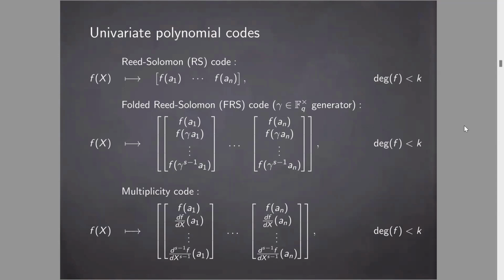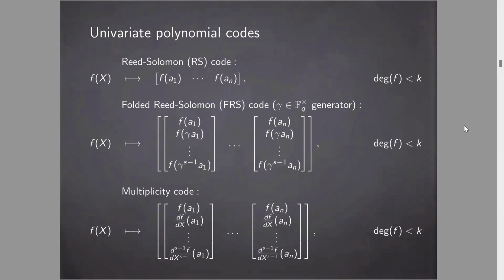In the folded Reed-Solomon, or the FRS, construction, we pack in evaluations not just at a point a_i, but also at a set of correlated points a_i, gamma a_i, up to gamma to the s minus 1 a_i, where gamma is fixed to be a generator or, more generally, an element of the field with large enough multiplicative order. And in the multiplicity code, the encoding is another natural variant where we consider evaluations of the polynomial f at a_i as well as its derivatives up to order s minus 1 at the point a_i.